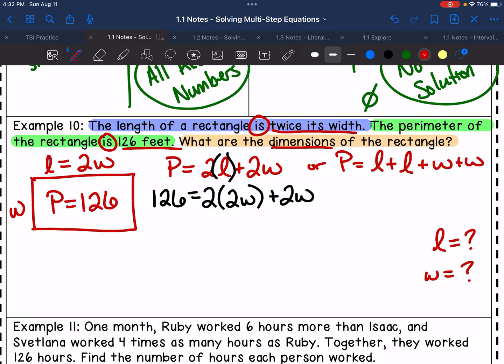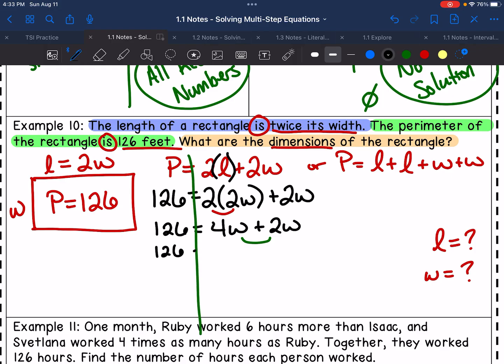So first step, we are going to multiply right here. What I have is 126 equals 4W plus 2W. Now these two are like terms, 4W plus 2W, so I can add those together. So 126 equals 6W.